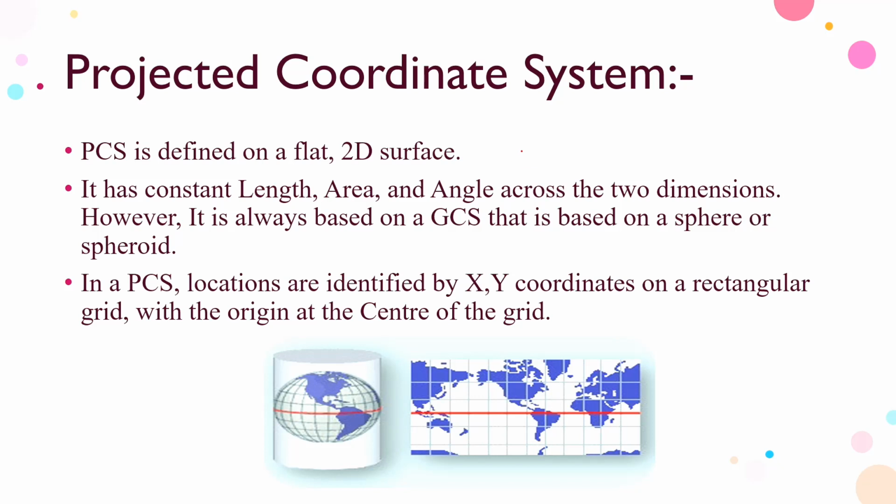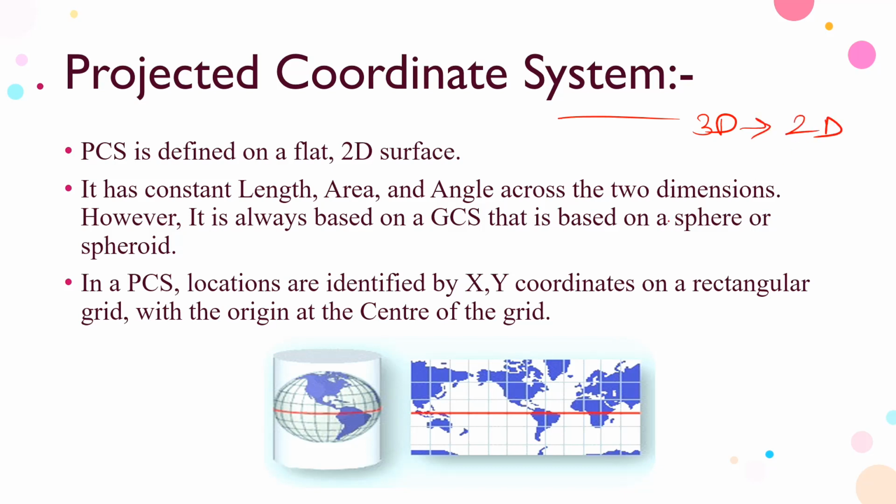Now comes the projected coordinate system. From the name, we can assume which type of coordinate system it is. Actually, in this coordinate system, we project a 3D surface to a 2D surface.